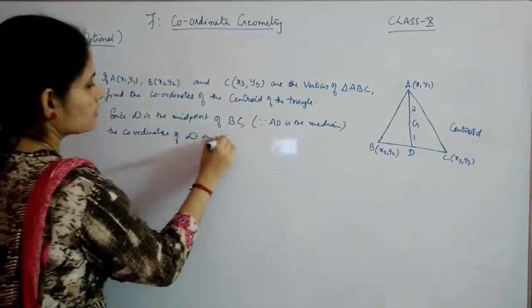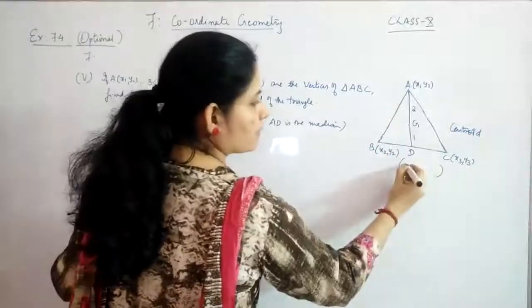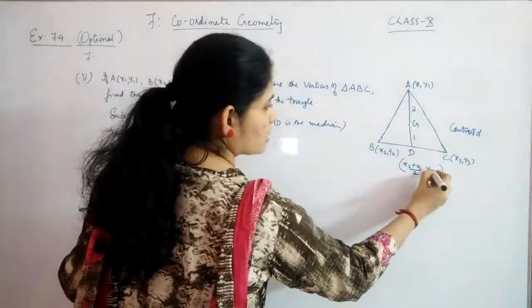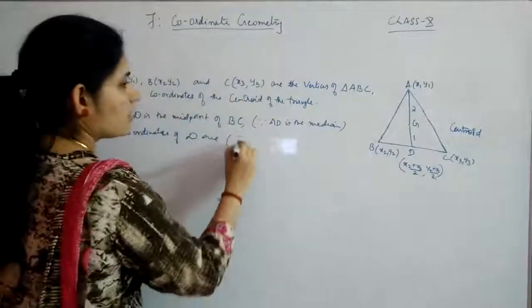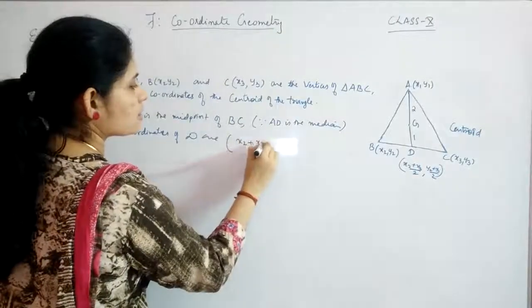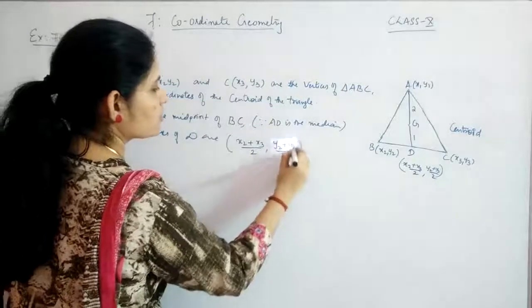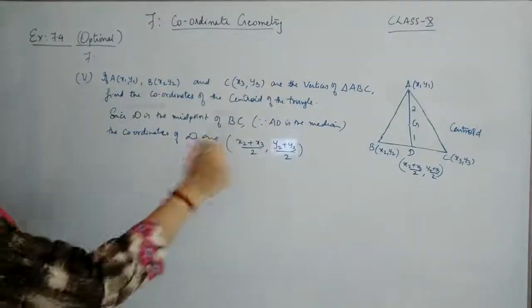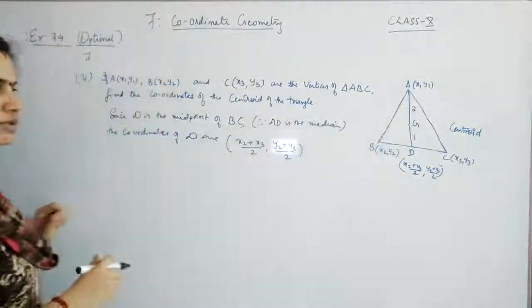The coordinates of D: you can use the midpoint formula again, that is (x2 plus x3)/2 comma (y2 plus y3)/2. So the coordinates are ((x2 + x3)/2, (y2 + y3)/2). You got D. Now you can use your section formula, because the centroid can be found using the section formula, because the ratio is also given there.